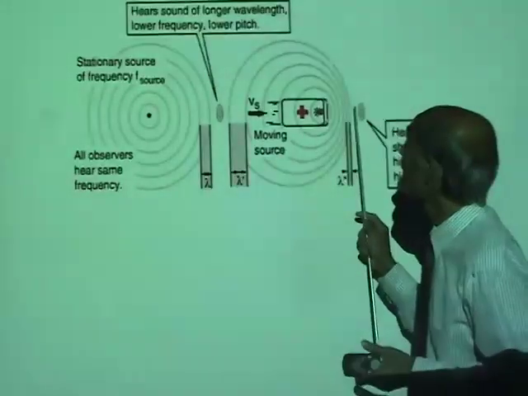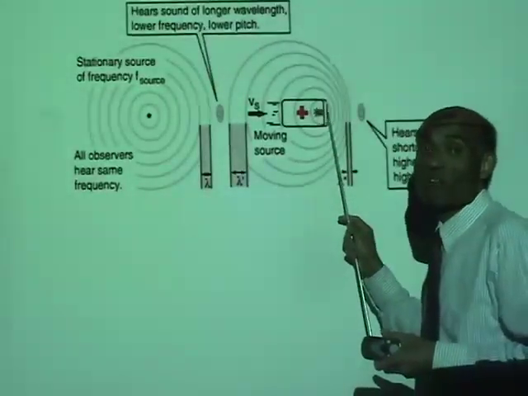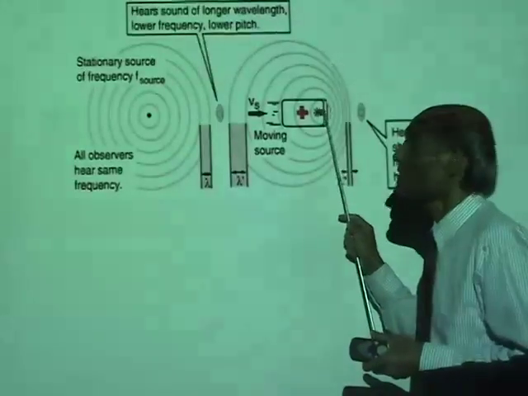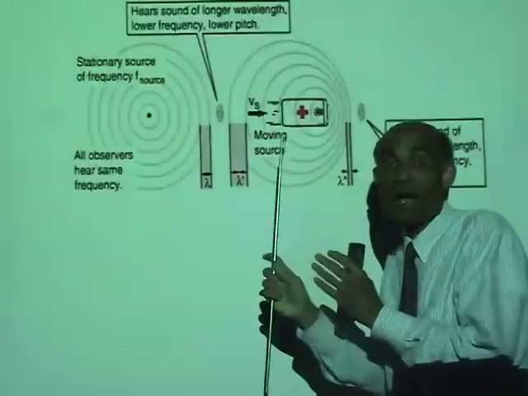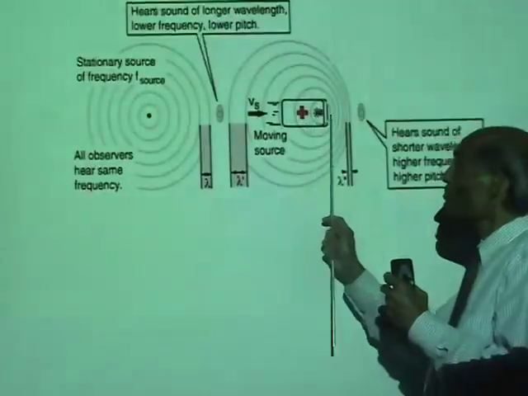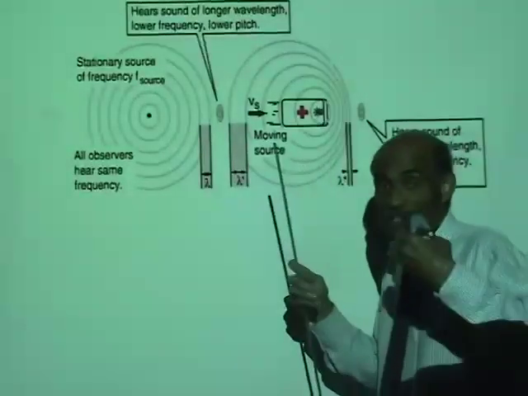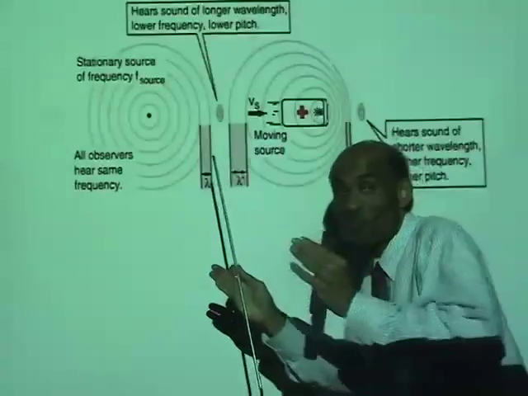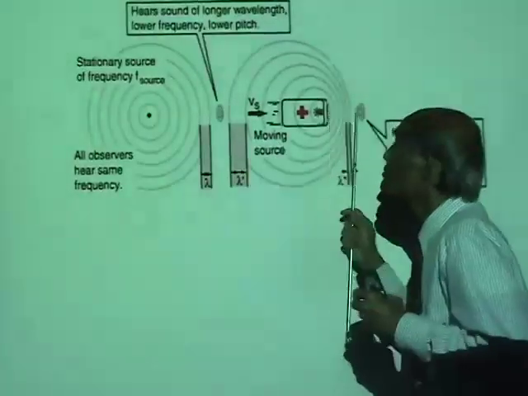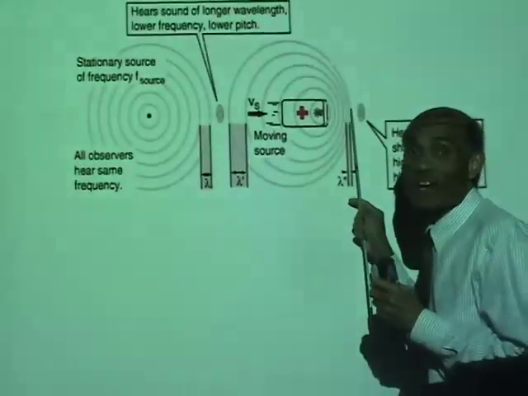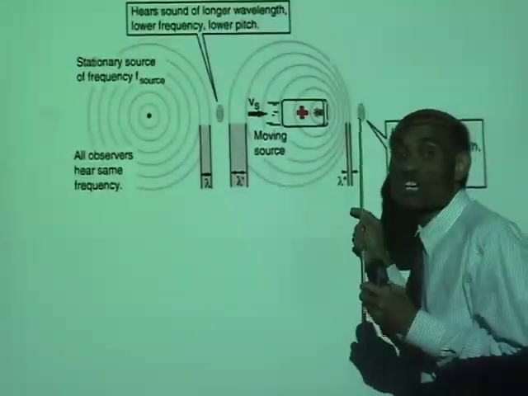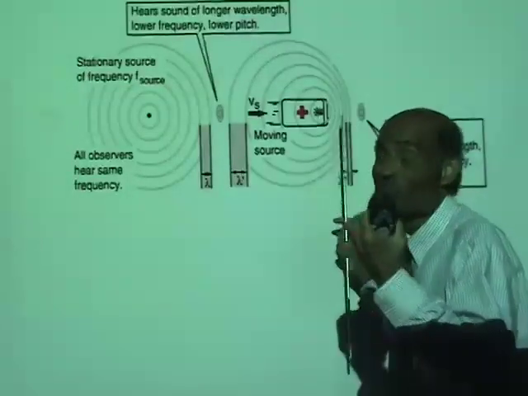And if you notice here, the waves in front of the ambulance, between the ambulance and this listener, are squeezed. Why? Because the ambulance is moving. While it is producing these waves, it is moving towards the listener. These waves get squeezed. That means the waves that are received by this listener are these short waves.